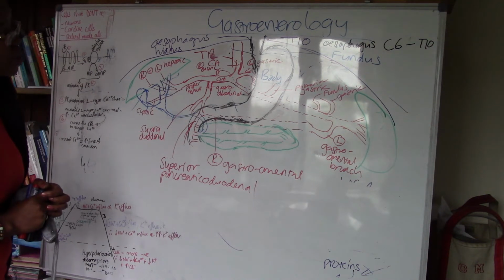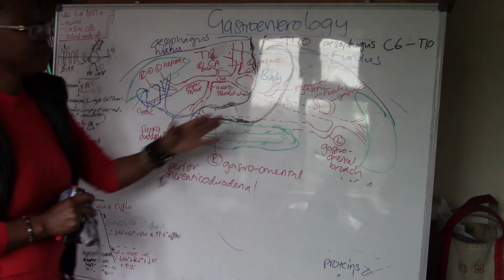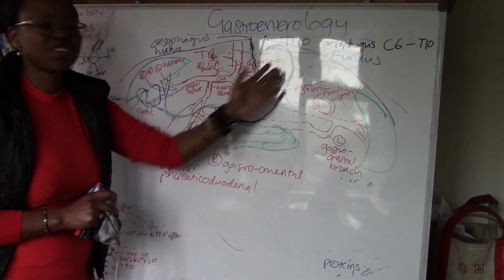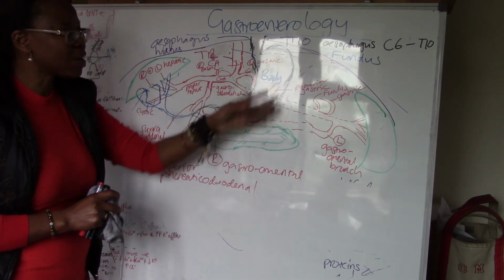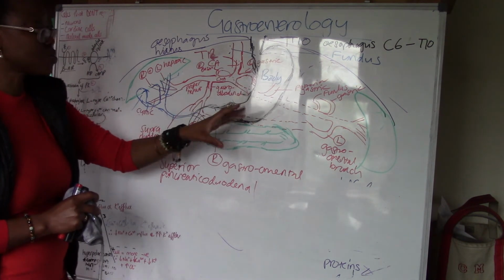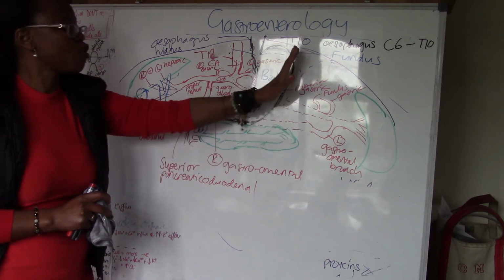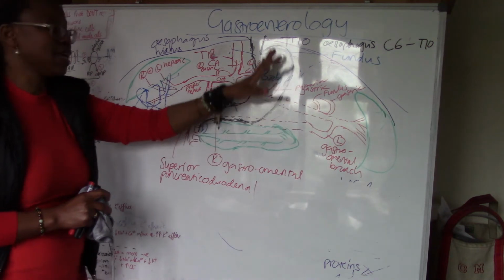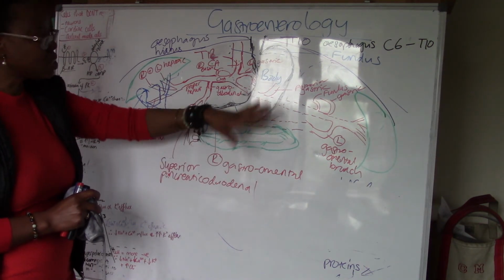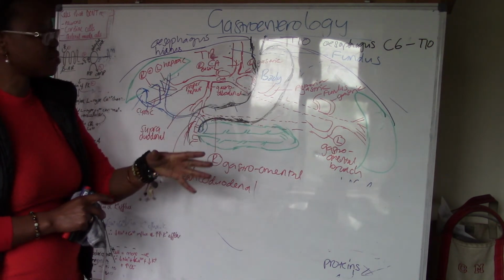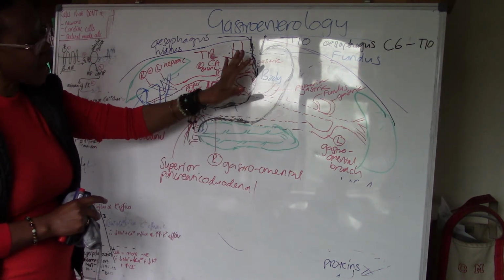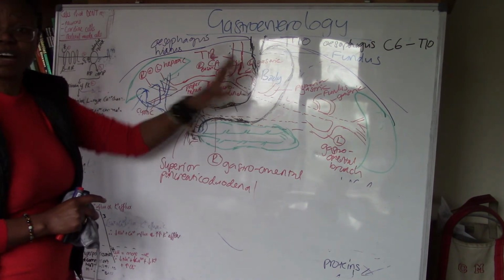I've also briefly touched on the areas of the stomach, such as the fundus, the body, the lesser curvature and the greater curvature, from which hangs the greater omentum, which also attaches to the transverse colon.